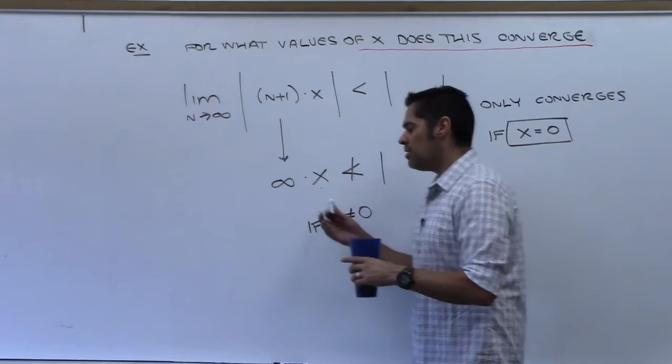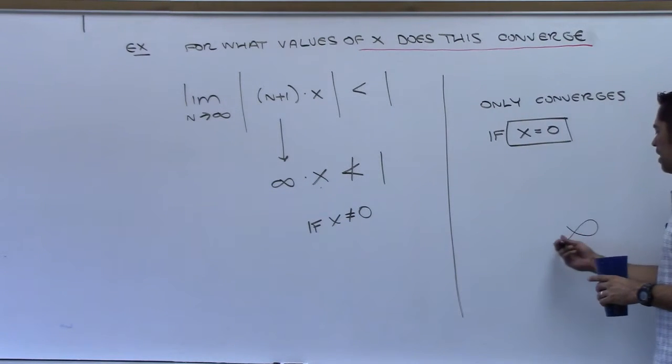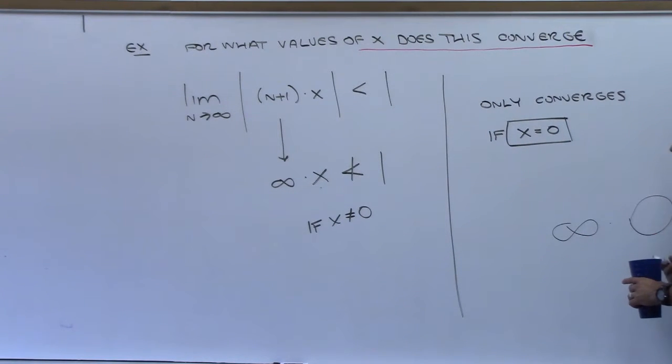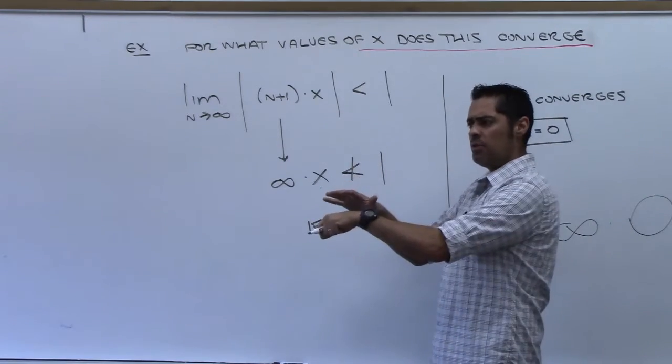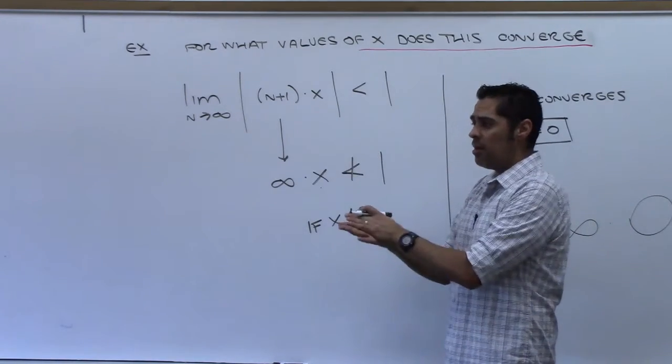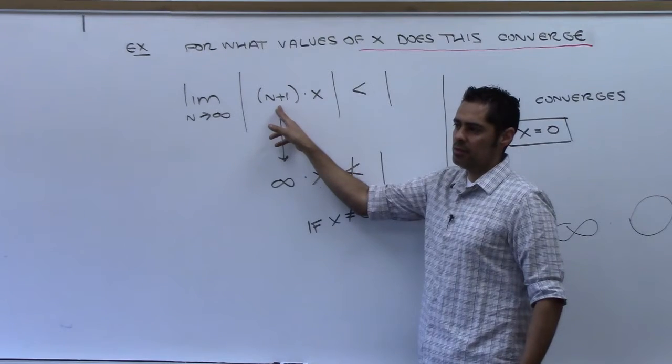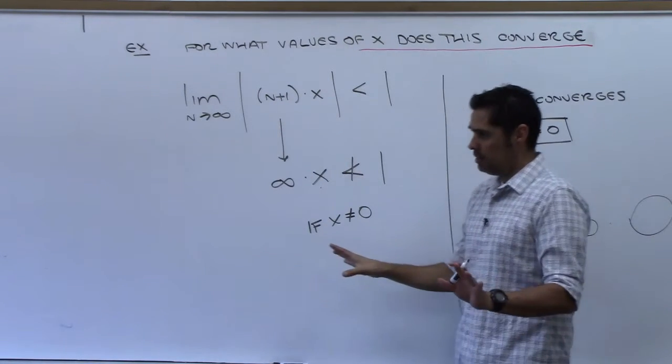When we got this and we had to bring in L'Hopital, it was in the limit. This was getting really big and this was getting very small, but never getting to 0 and actually approaching infinity. The difference is when you're approaching something versus being something. If I let x be 0, because I'm plugging a number into a function, it doesn't matter what this number is. 0 times anything is 0.